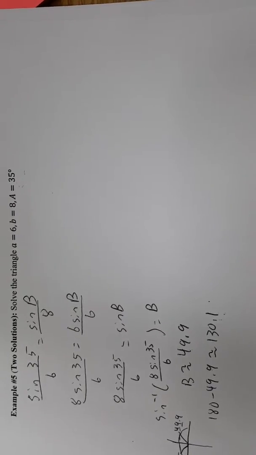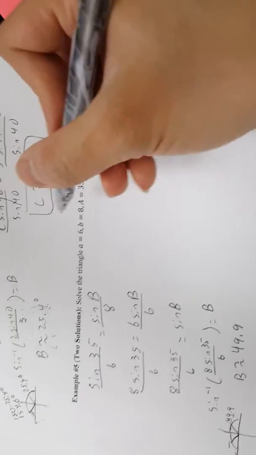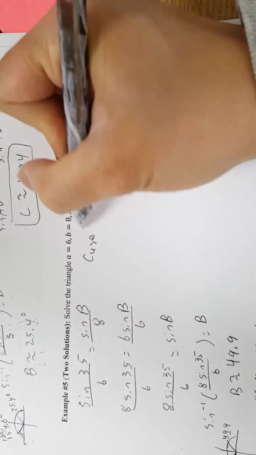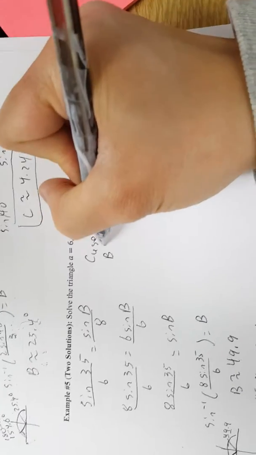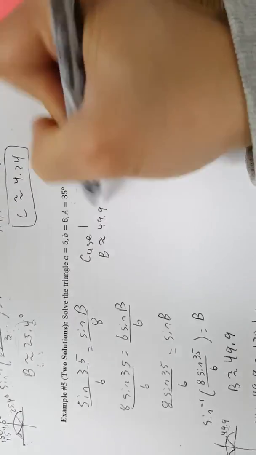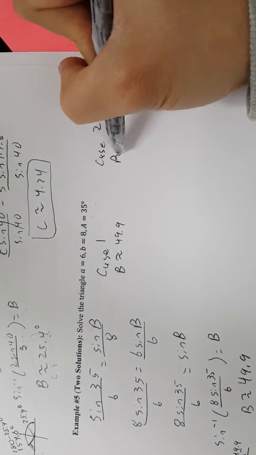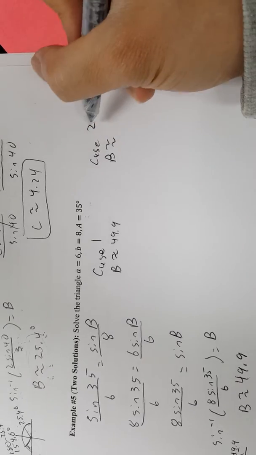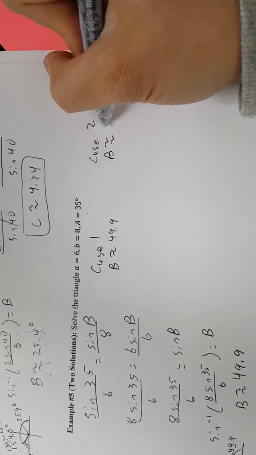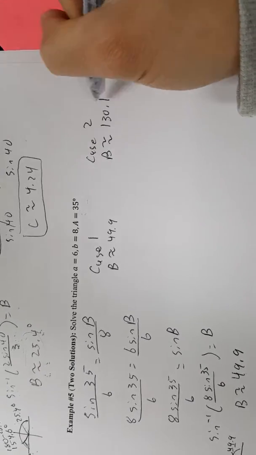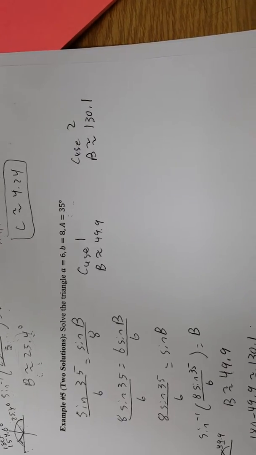One where I have angle B of 49.9. So we're going to have two cases here. Case 1, B is about 49.9. And case 2, B is approximately 130.1. Okay?